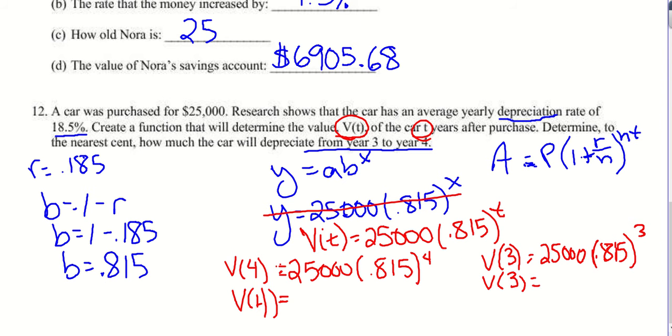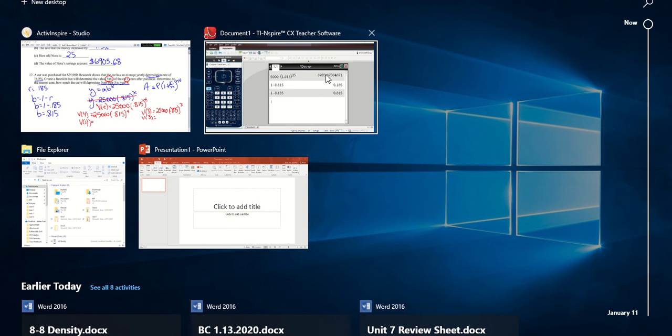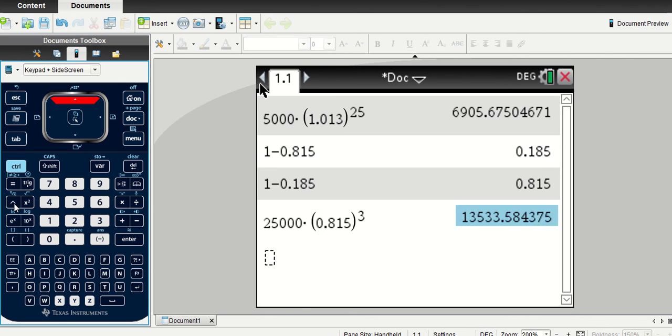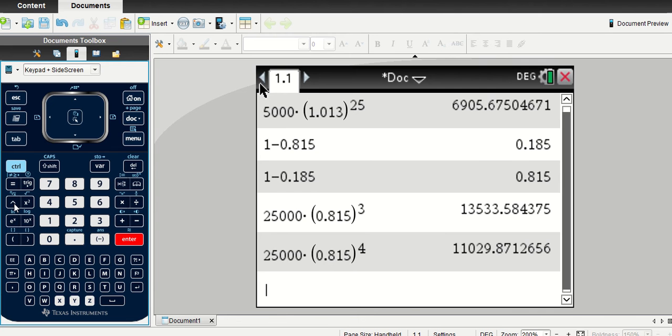All right. So, calculator. 25,000 times 0.815, parentheses, caret 3. I'm immediately going to go up and grab that last equation and just change the 3 to 4. And I have my two numbers.